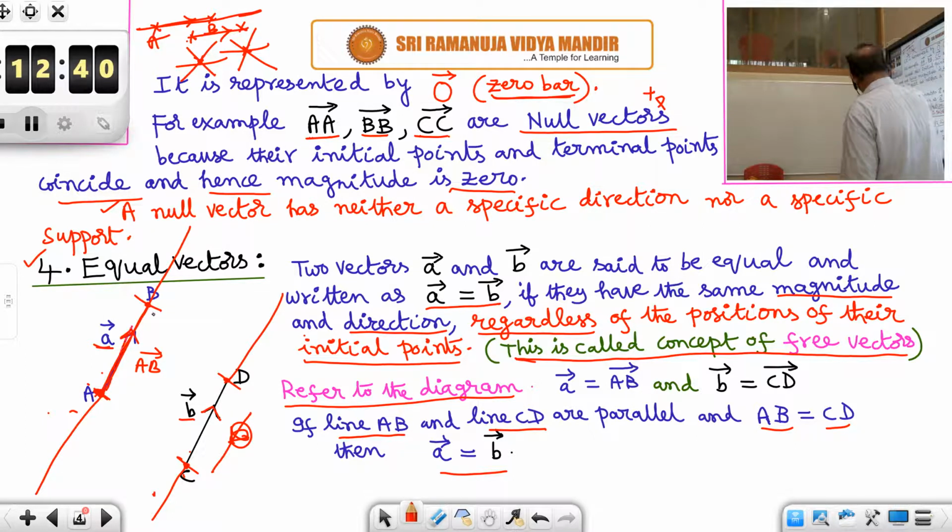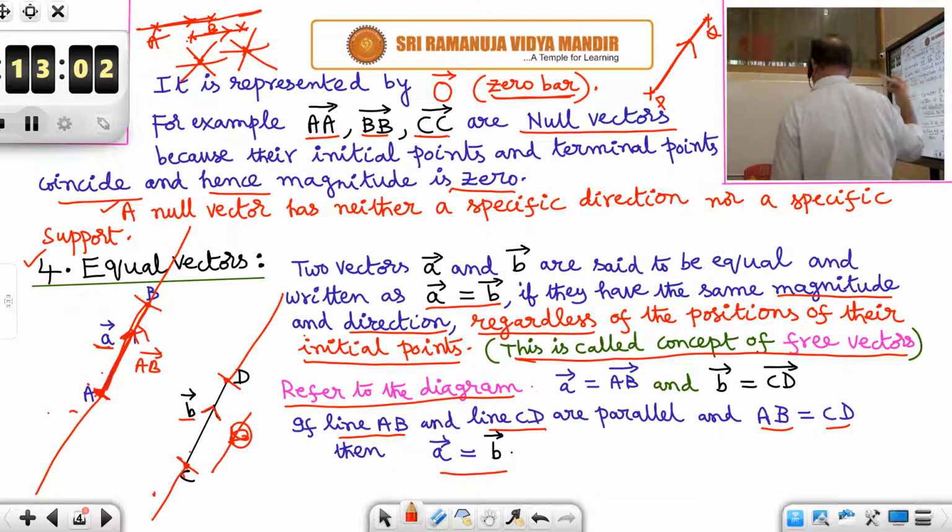Now I draw a line parallel to this AB and also same length. So that means length PQ is equal to length AB, and the line AB and line PQ are parallel. So arrow is upward here. So here also I'll keep upward arrow. Then we say that AB bar is equal to PQ bar. The two vectors are equal. So initial point is not important. Only the magnitude and direction are important. That is what is called free vector concept.